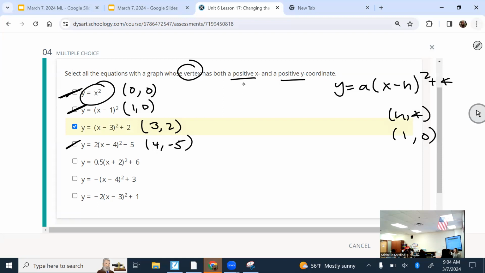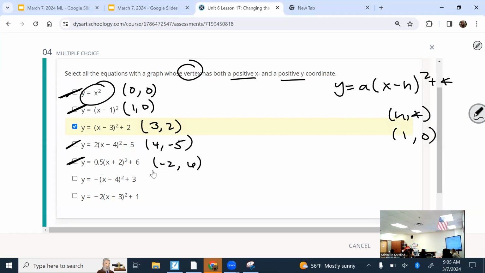Table 1, what's our vertex for this one? What would our h be? It would be -2. h is always opposite of how it looks, so we're not going to pick that one because 2 is negative.